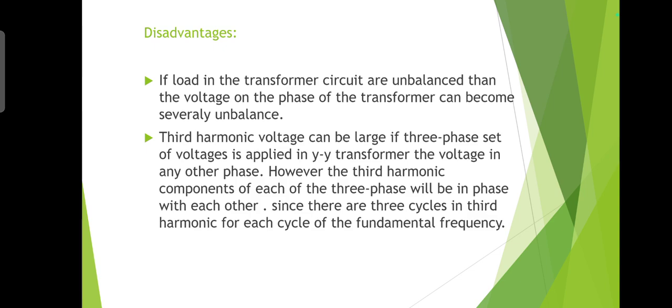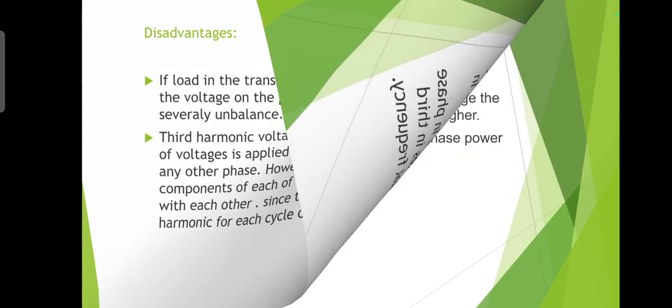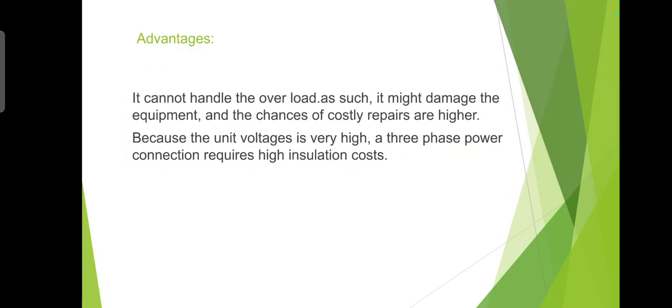However, the third harmonic components of each of the three-phase transformers will be in phase with each other. Hence, there are three cycles in the third harmonic for each cycle of the fundamental frequency. Disadvantages: it cannot handle overload as such.